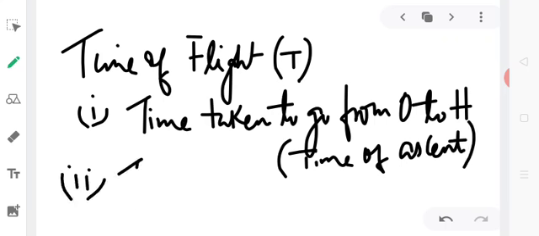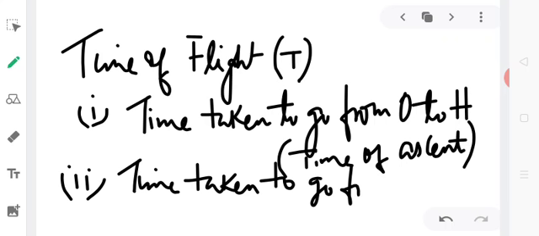And second, time taken to go from H to B while coming down.